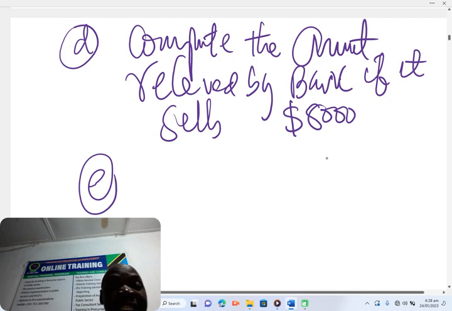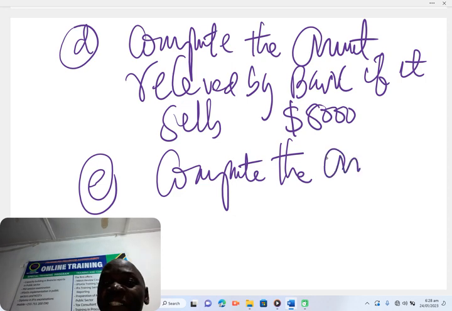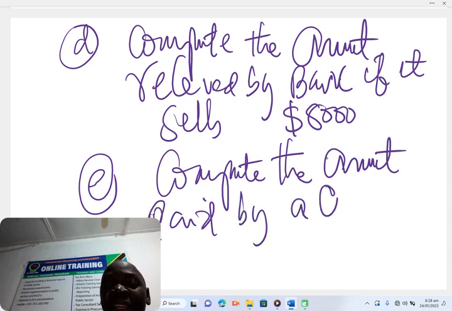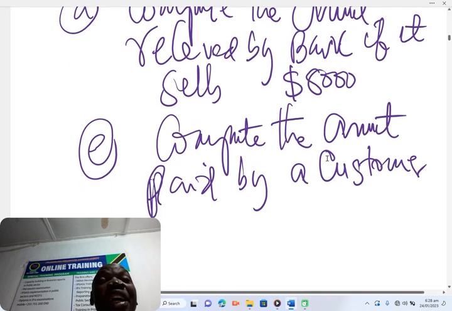Let's see part E. Compute the amount paid by a customer. I repeat, compute the amount paid by who?